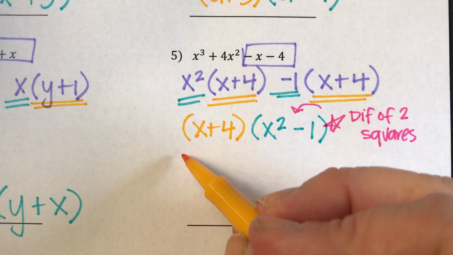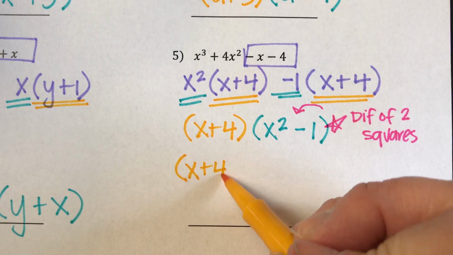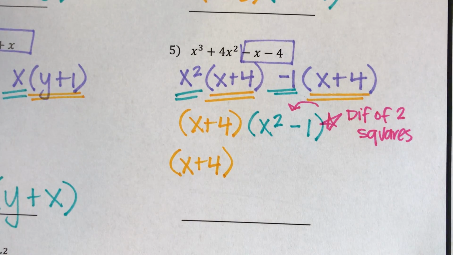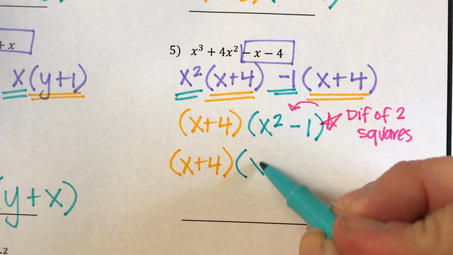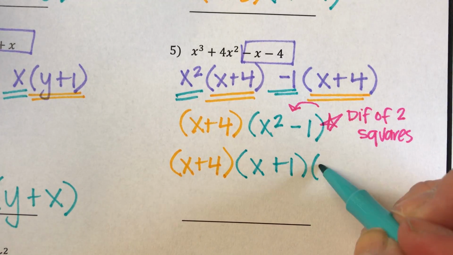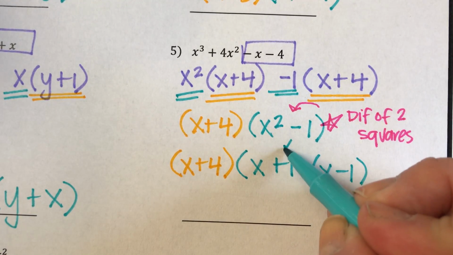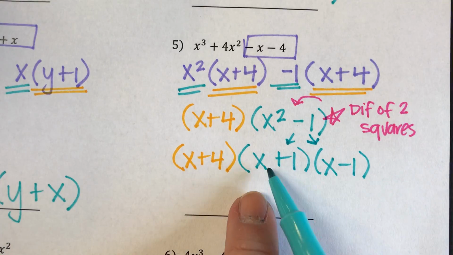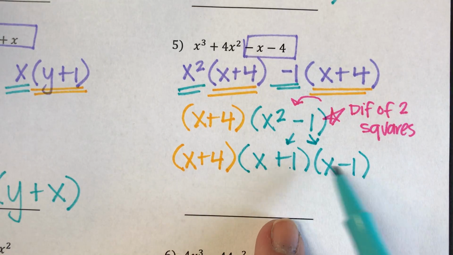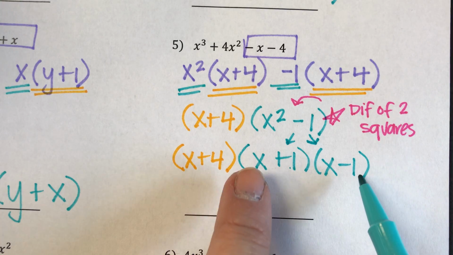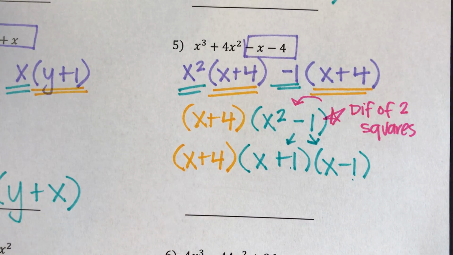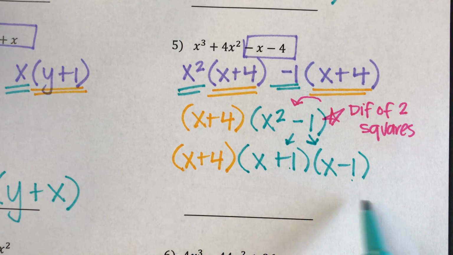So x plus 4 is not a difference of 2 squares. It stays the same. And then my rule with difference of 2 squares, that factors into x plus 1, x minus 1, right? Because x times x is x squared, 1 times negative 1 is negative 1, negative x plus x cancels out. So this would be factored completely.